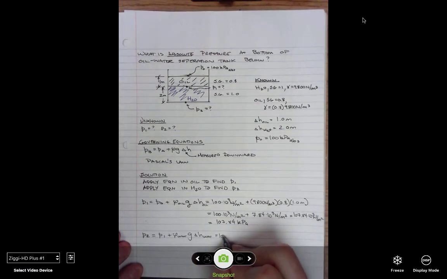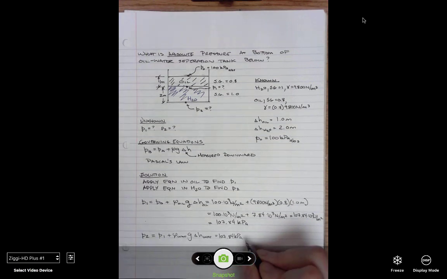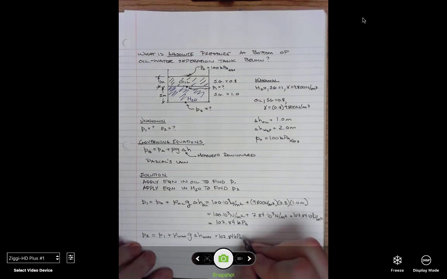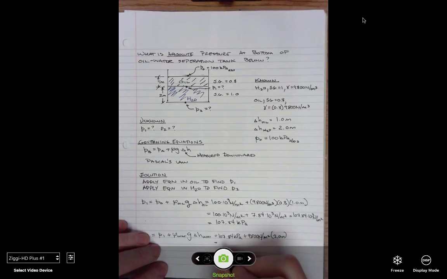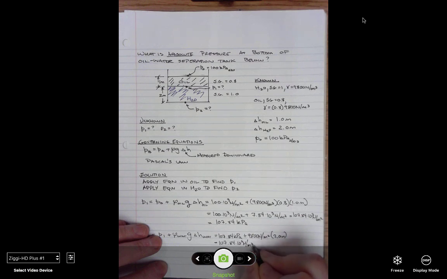So 107.84 kilopascals plus 9,800 newtons per meter cubed times 2 meters equals 107.84 times 10 to the 3 newtons per meter squared plus 19.6 times 10 to the 3 newtons per meter squared.